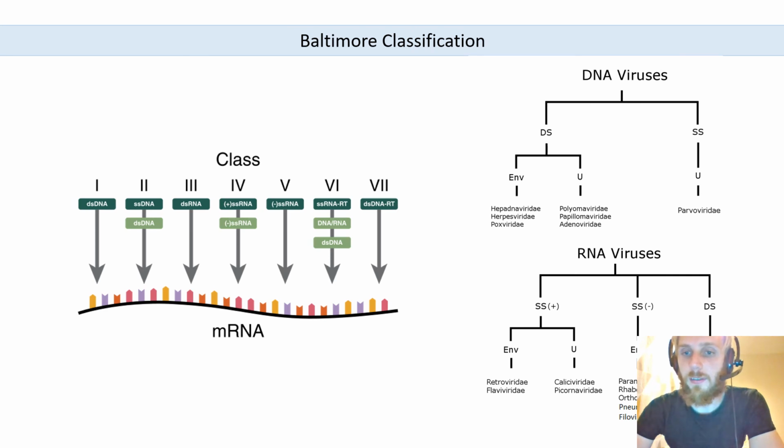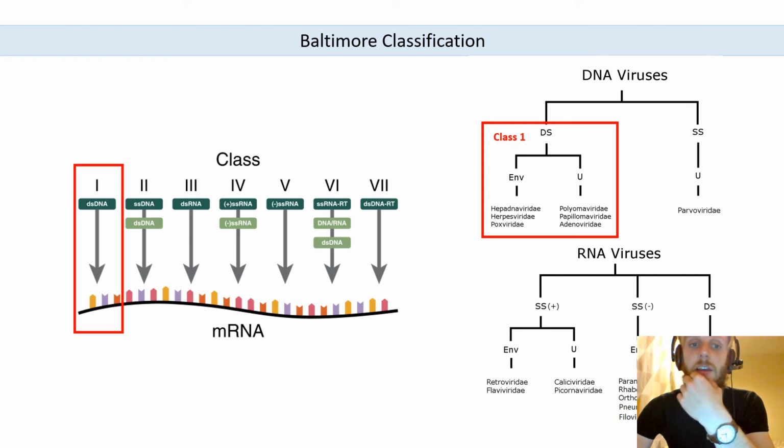Again, what we see when we line up this classification with the phenotypic system, as I explained earlier, is this huge overlap, because the way the genomes are expressed and the way the genomes are replicated is almost entirely dependent upon what the genomes are composed of. And this phenotypic classification is also almost entirely dependent upon what the viral genomes are composed of.